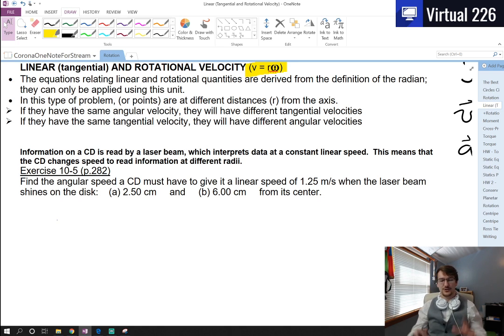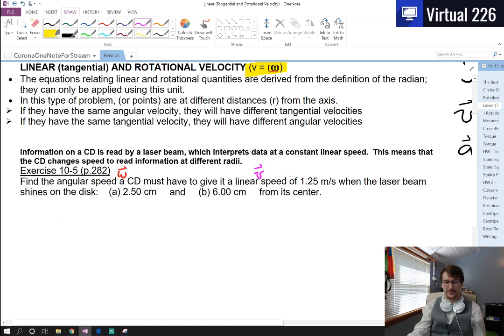What we want to do here, for a CD, is find how fast it has to be spinning angularly, or in a rotational metric. So we're looking for an angular speed, omega. How fast does it have to spin to give a point on the CD a linear speed, v, of 1.25 meters per second?